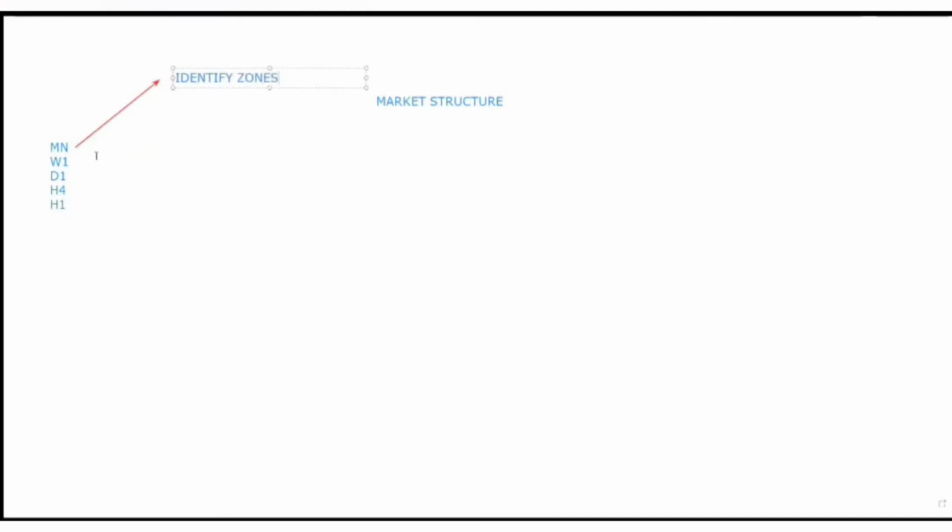Understand? And then you are going to identify the overall major trend. And then you're going to identify your minor trend, only for currency pair traders, guys.